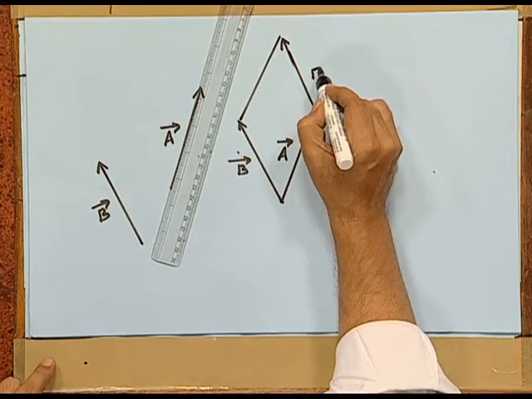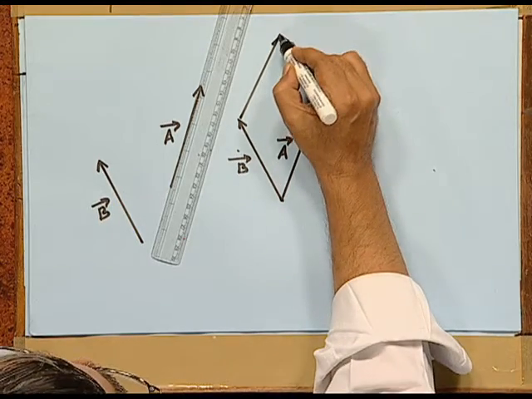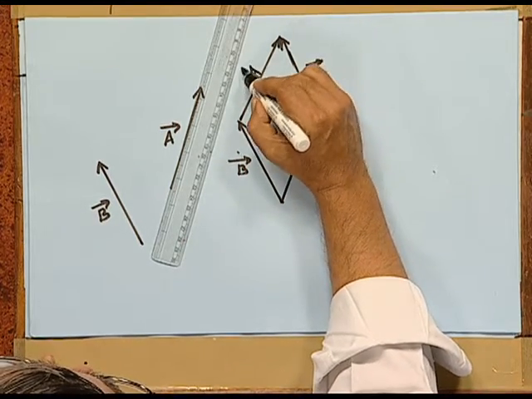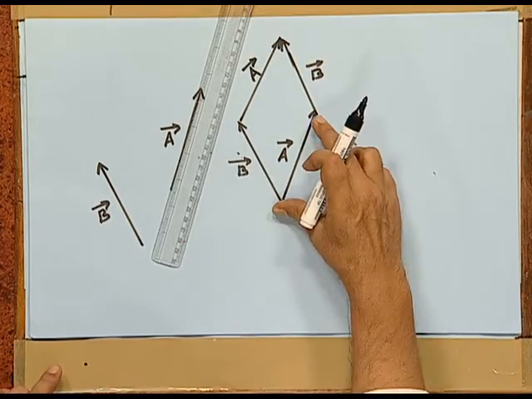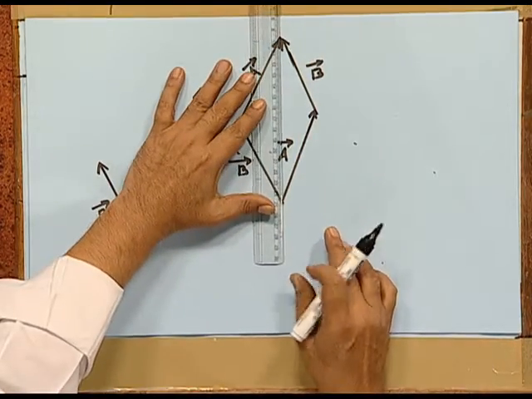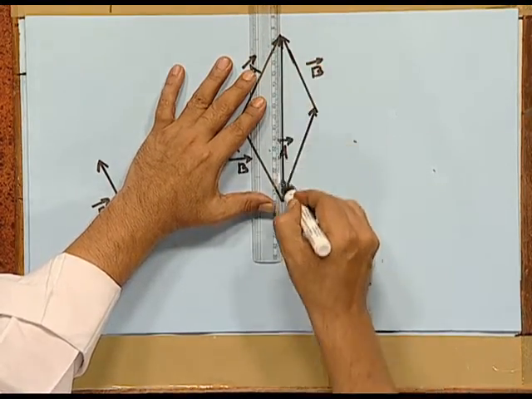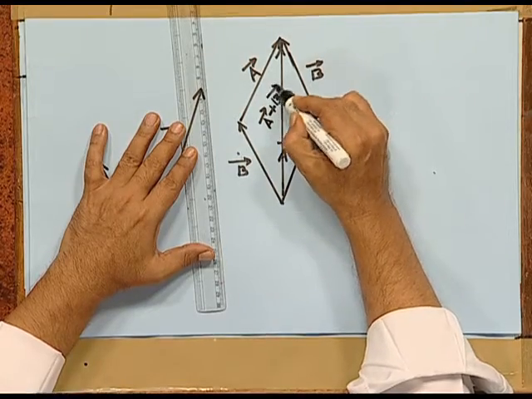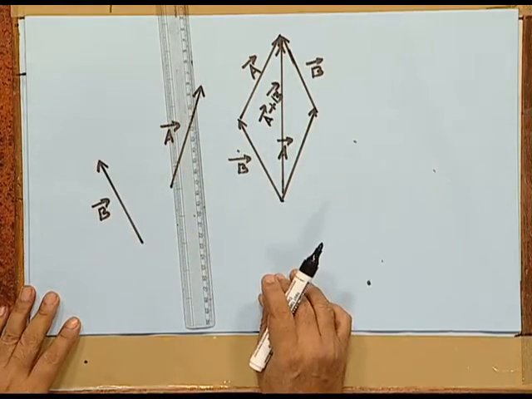This is vector B and this is vector A. This is the vector A plus B. Now, in the parallelogram method, the two vectors are represented by the two sides of the parallelogram. The diagonal passing through that common point of these two vectors is the sum of these two vectors, which is A plus B.